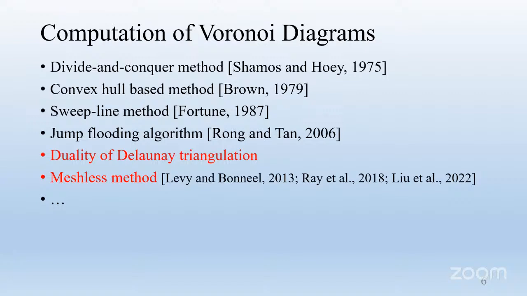The computation of Voronoi diagrams has been extensively studied, and many methods have been proposed, but some of them were developed for planar domains and are hard to use in high dimensional spaces. For constructing Voronoi diagrams of general cases, the duality of Delaunay triangulation and the meshless method are popular.